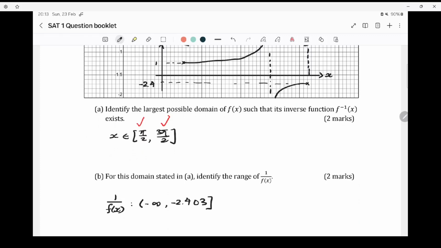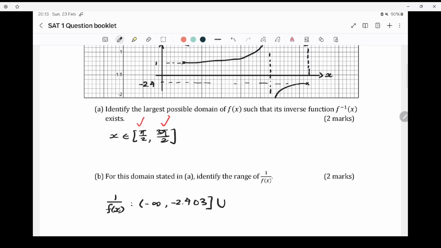So you should close it with a bracket that will correspond to what you write on top. If you write an open interval like this, then this has to be an open interval as well. But since on top I wrote the closed interval version, you need to write the closed interval.